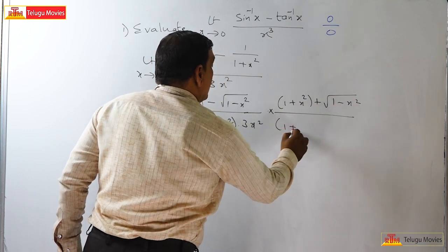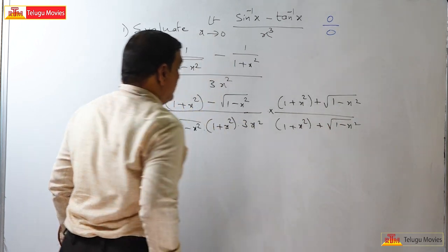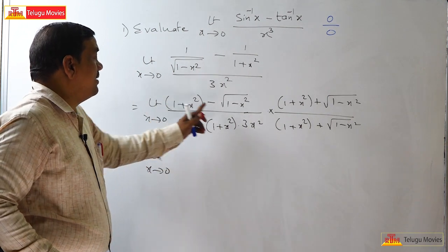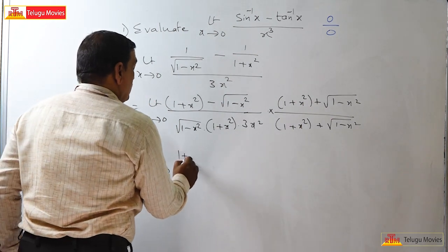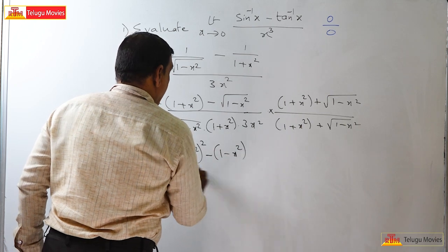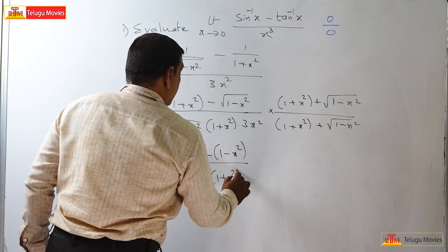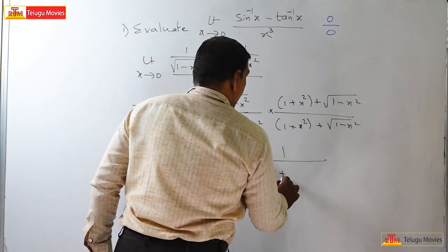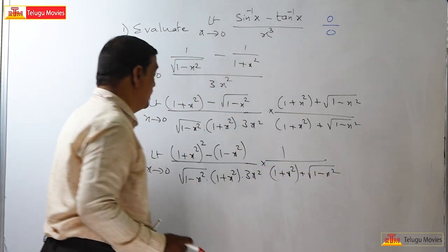In the numerator, a minus b into a plus b gives a square minus b square: 1 plus x square whole square minus 1 minus x square, upon root over 1 minus x square into 1 plus x square into 3x square, into 1 plus x square plus root of 1 minus x square.